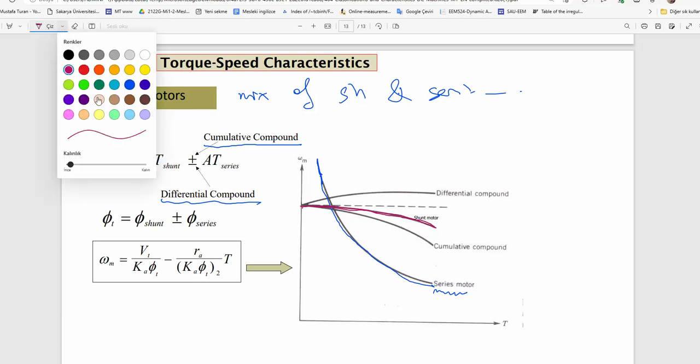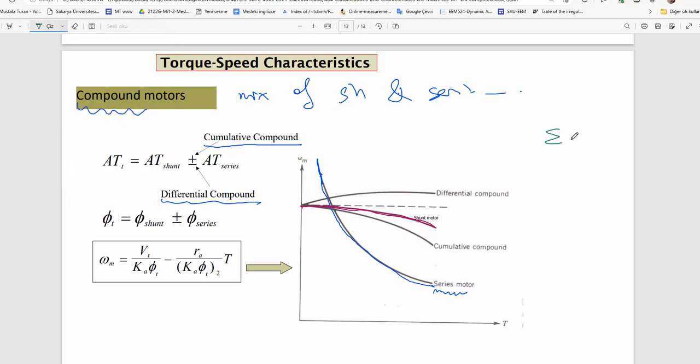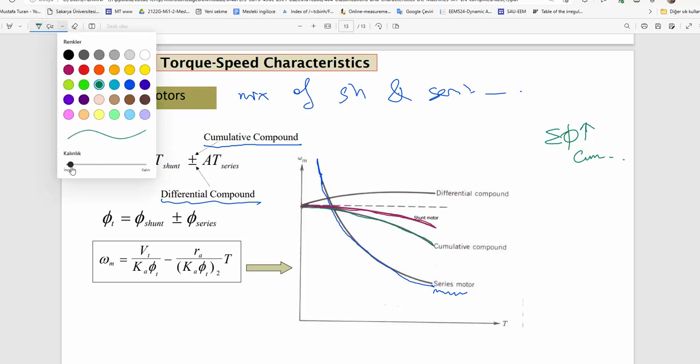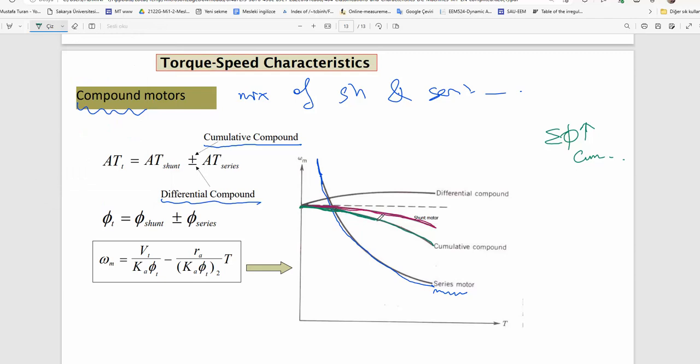If there is an accumulation support from the series winding, that results in a larger field, a cumulative result. If the field increases, speed will decrease a little bit, while torque is increasing.